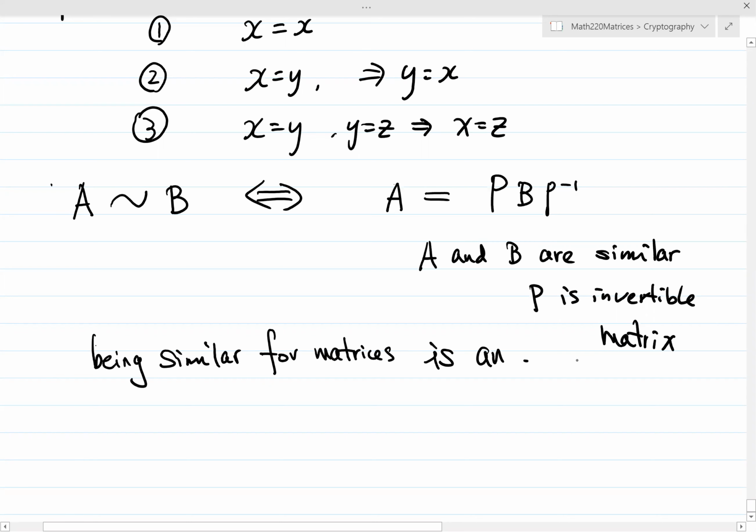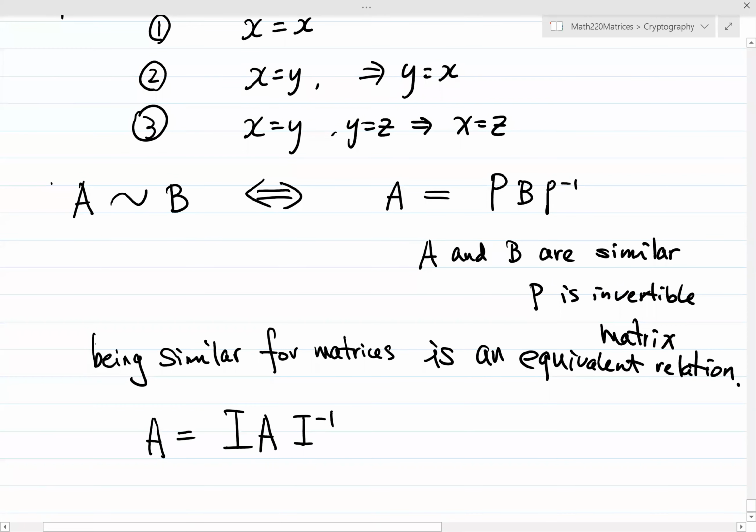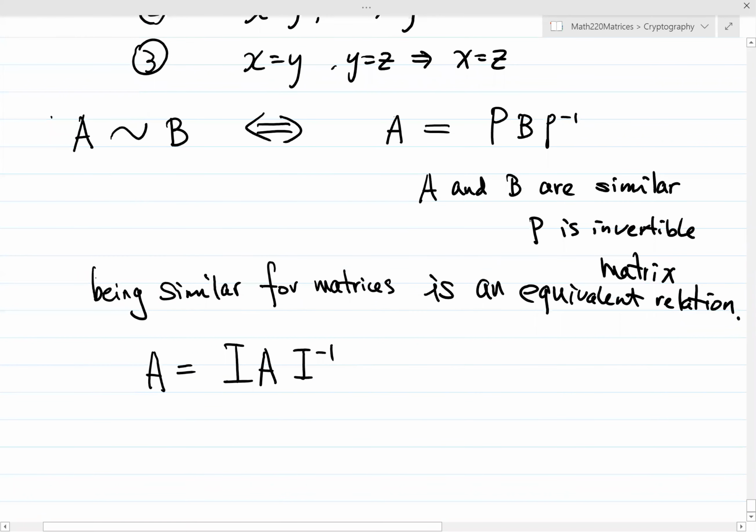You can check, A is similar to A itself. You can just choose the identity matrix. Now symmetric is of course true.